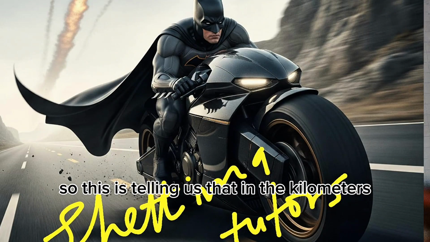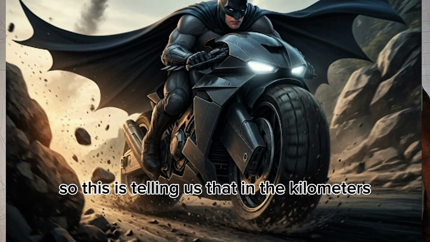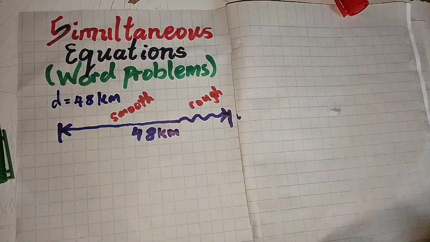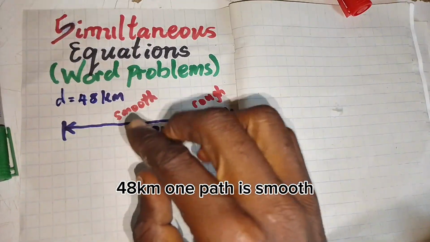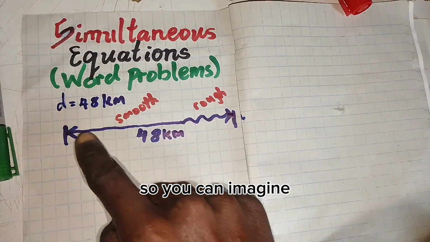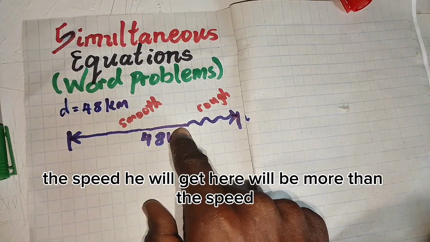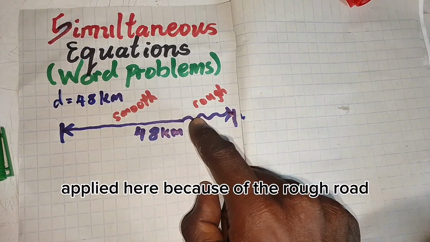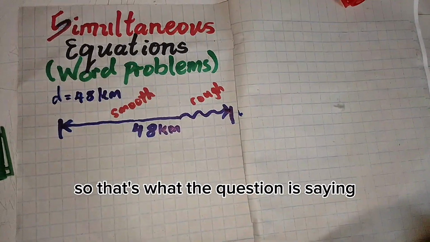So this is telling us that the total distance traveled is 48 kilometers. One path is smooth, the remaining path is rough. So you can imagine the speed he will get here will be more than the speed applied here because of the rough road.